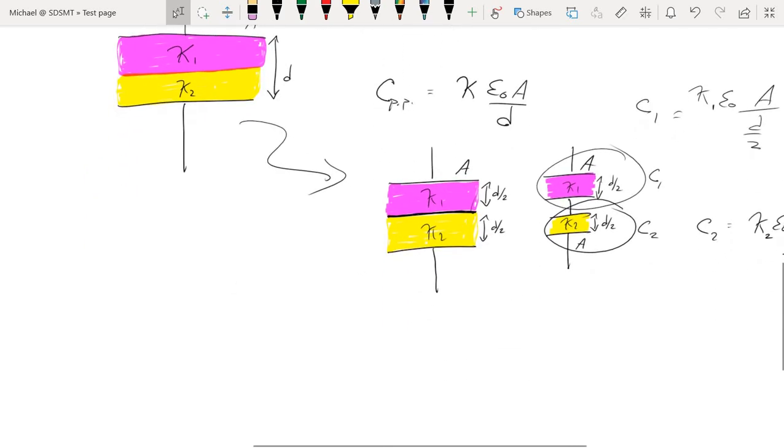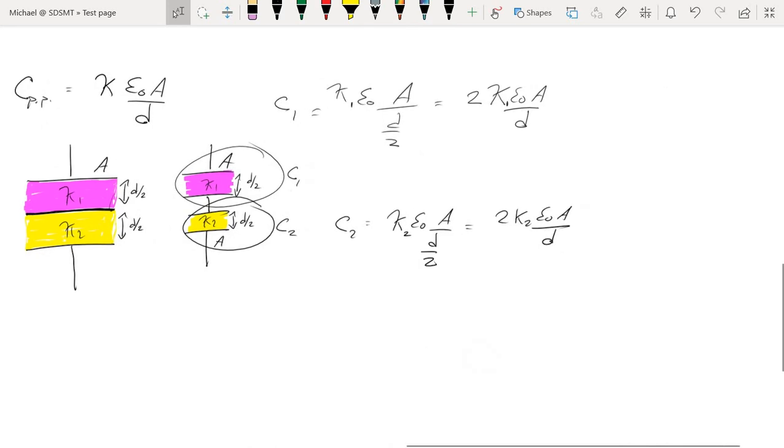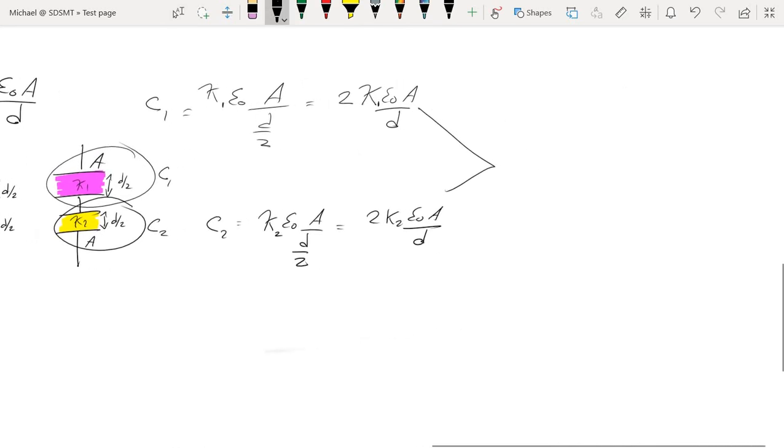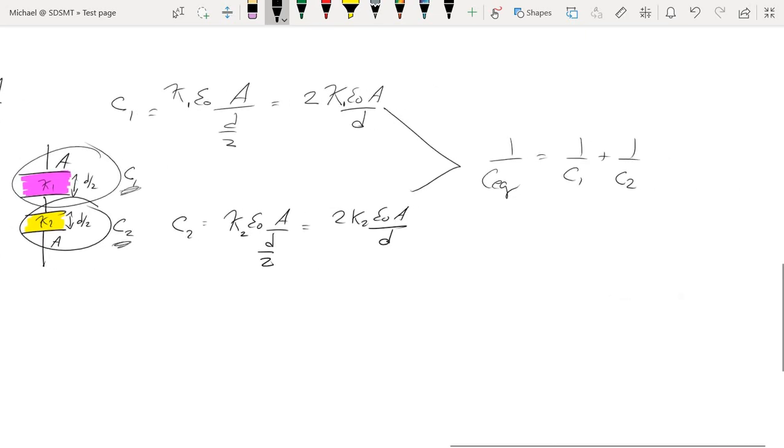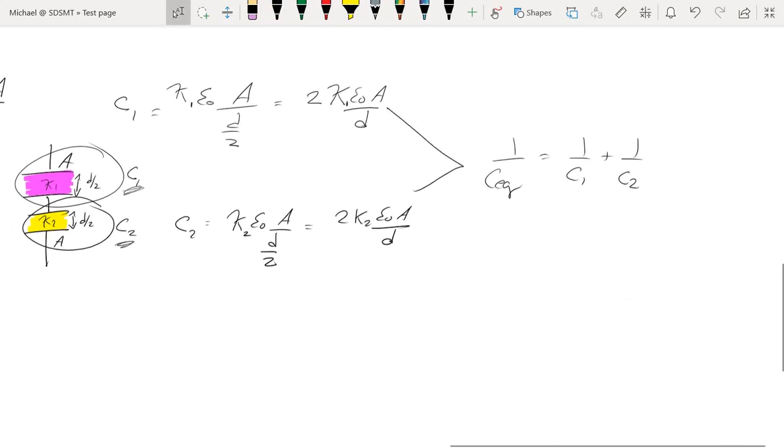It is our job now to put them together into a single expression. The capacitors are connected in series, and we know that we can take two capacitors connected in series and combine them using the inverse summation approach.